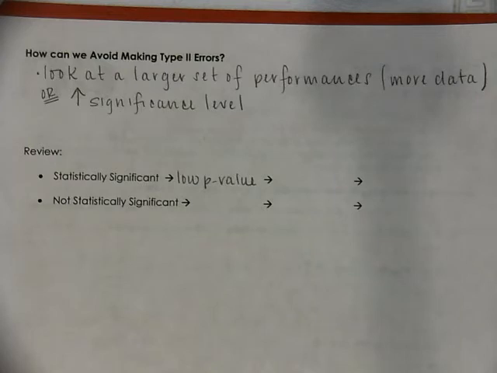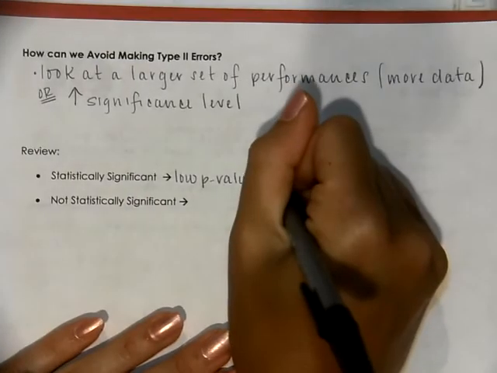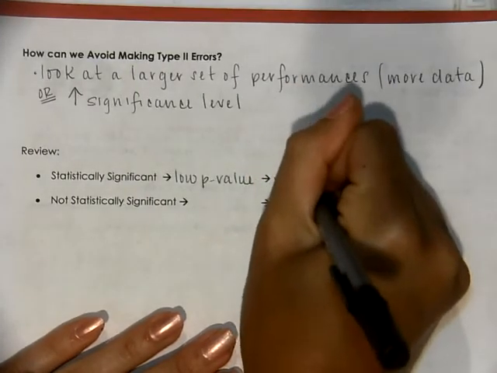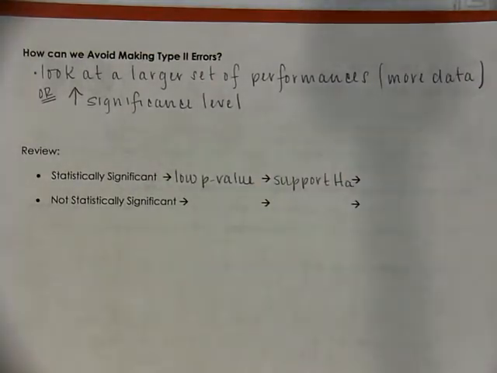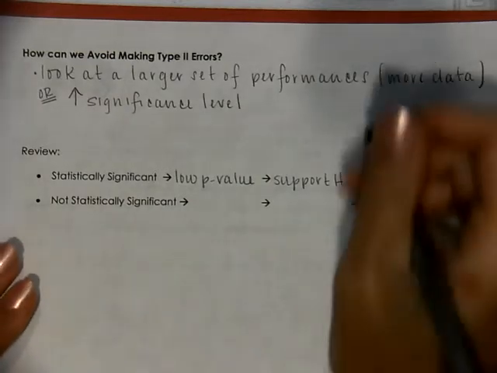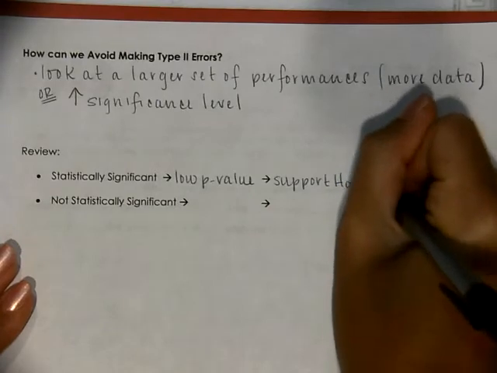And if we have a low p-value, do we support HA or do we not support HA? Well, we support HA. And when we support HA, we run the potential risk of making type 1 error.